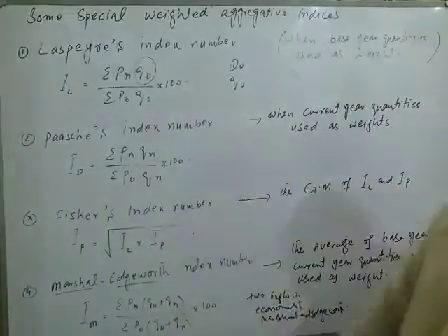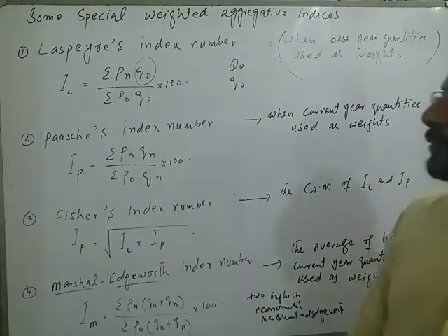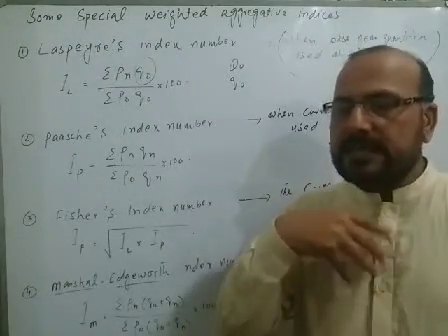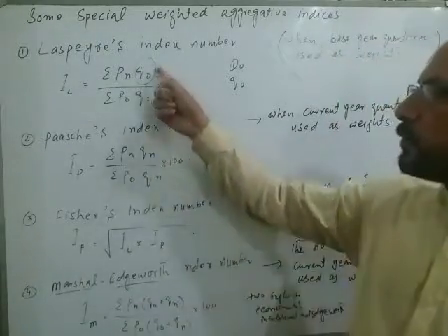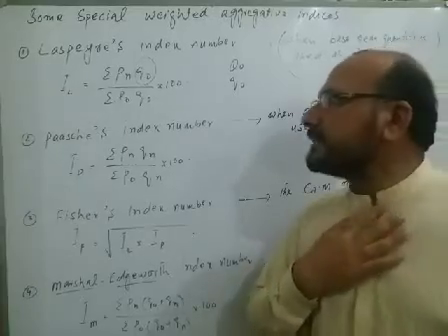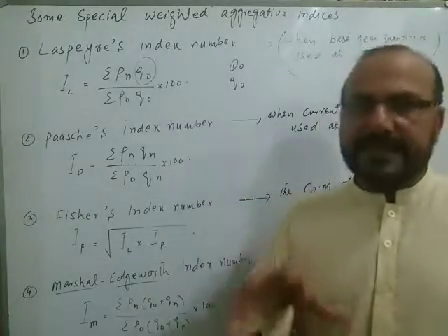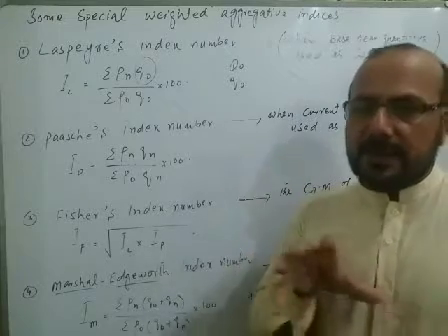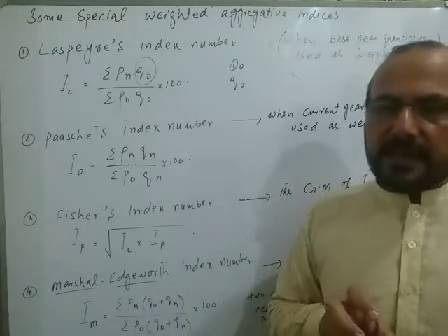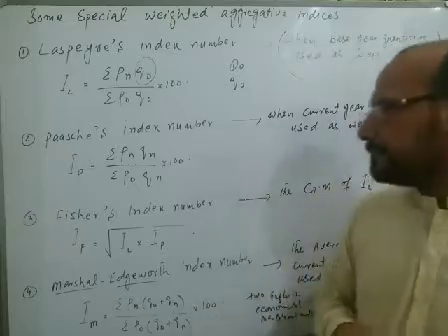When we calculate the index for different years using base period quantities as weights, that is called Laspeyres' price index.